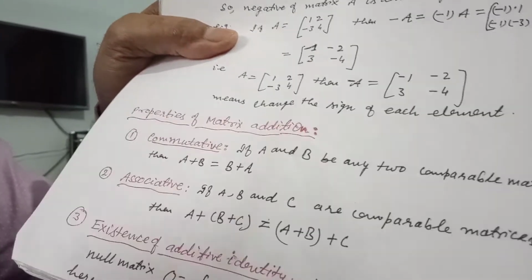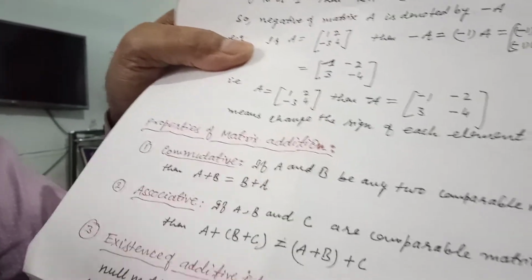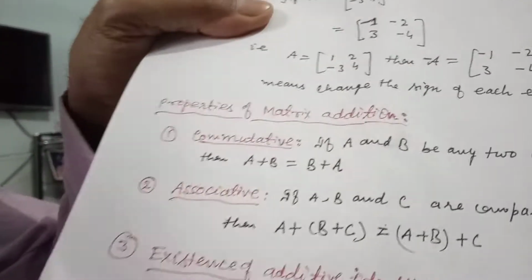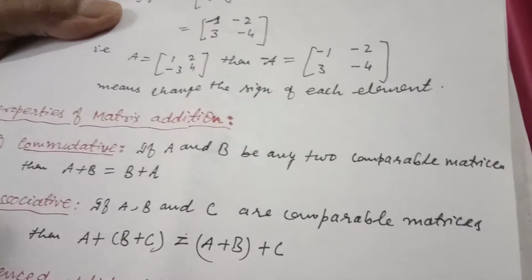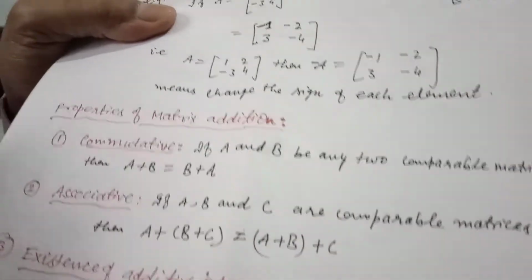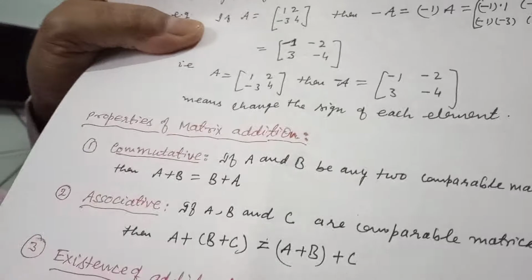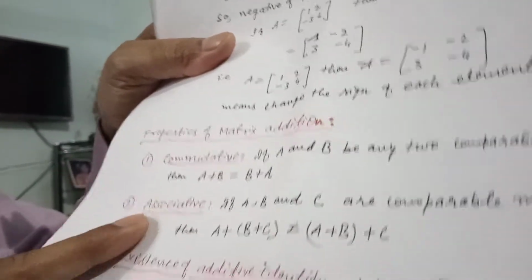Number 1, the commutative property. If A and B are two comparable matrices, then A plus B equals B plus A. It means matrices hold the commutative property under the operation of addition.